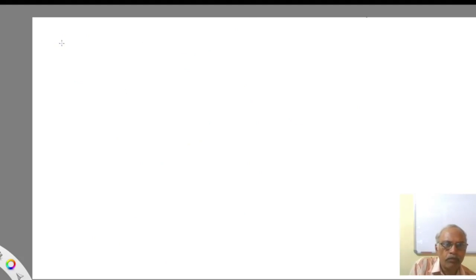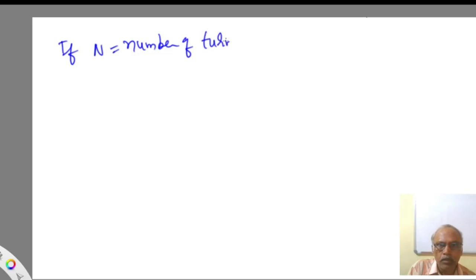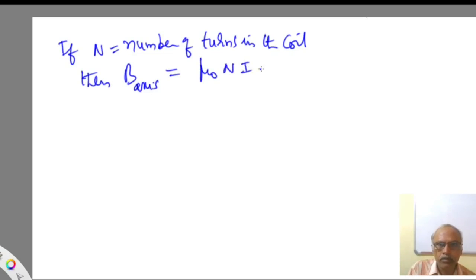If there are n number of loops, n is the number of turns in the circular coil, then the magnetic field at a point on the axis is equal to mu naught n I r square by 2 into r square plus x square power 3 by 2.